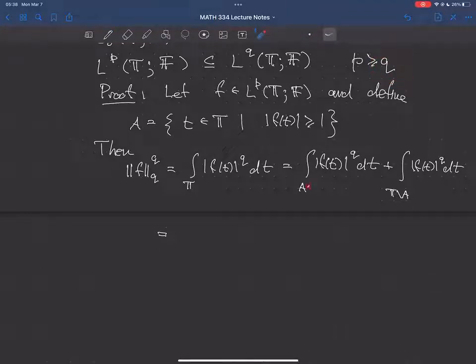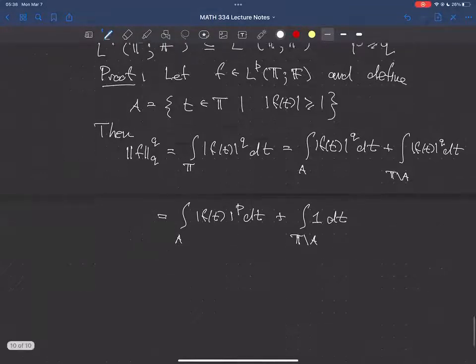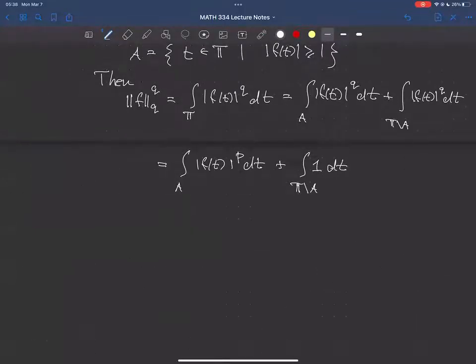Now Q is less than P, and on A, F of T is greater than or equal to 1, and so that means that F of T to the Q will be less than or equal to F of T to the P. Then on the complement of A, F is less than 1, and so this is going to be less than or equal to the integral over the time domain made bigger.